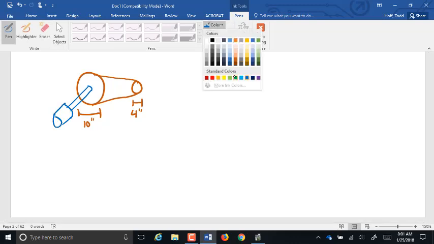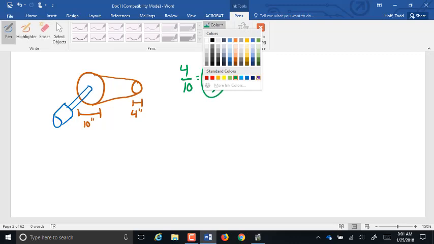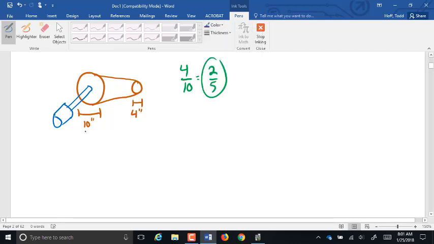So here's our pulleys. This pulley ratio is 4 to 10, which reduces to a 2 to 5 ratio. If I replace this motor with a motor that has a larger pulley on it, this is now a 15-inch pulley.